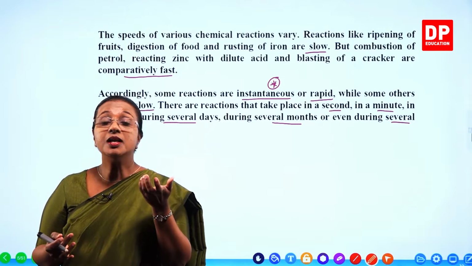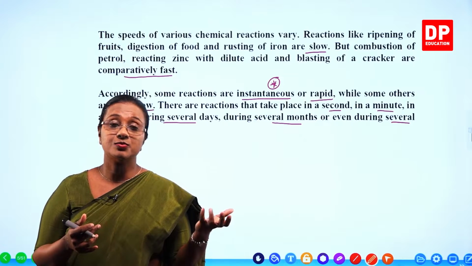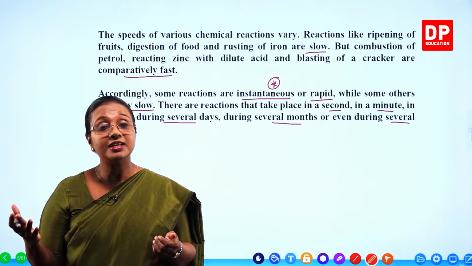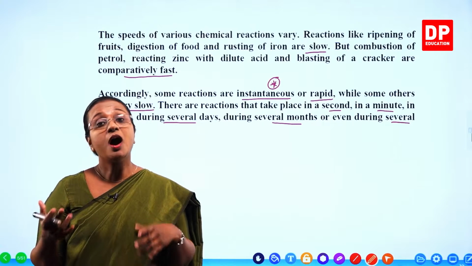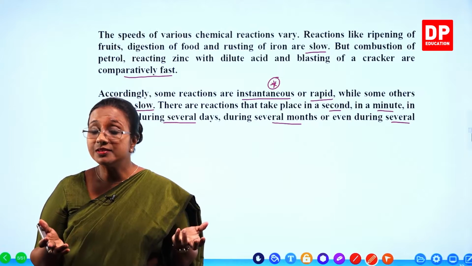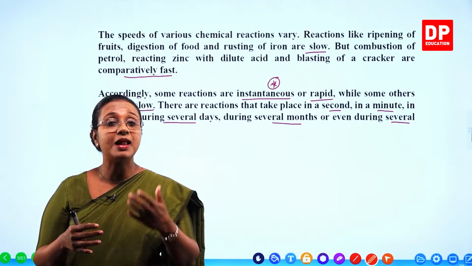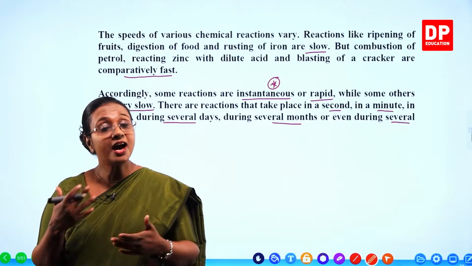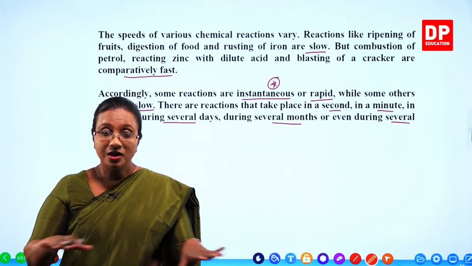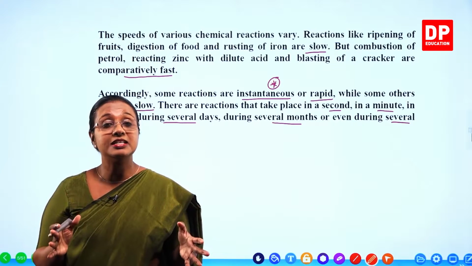Now for example, you all know carbon. Diamond is one allotropic form. Graphite is another allotropic form. How do they form? From fossil carbon. What is the fossil carbon? When living organisms die, the dead plant and animal bodies undergo chemical changes in the earth crust, under the soil, under suitable conditions.